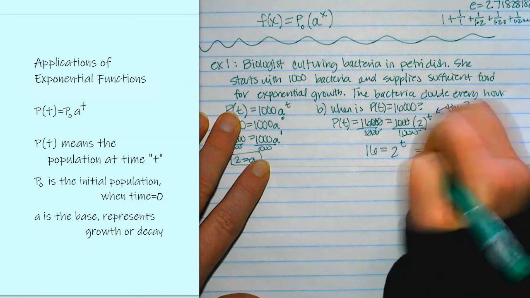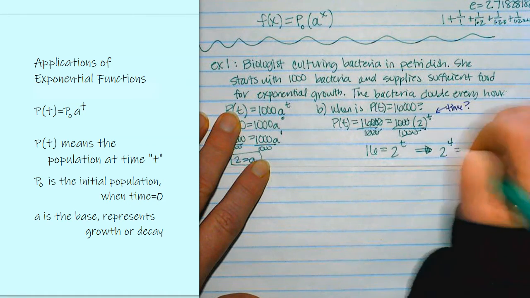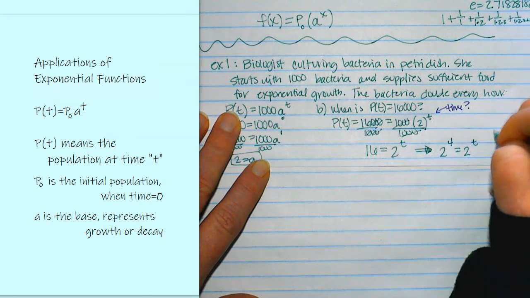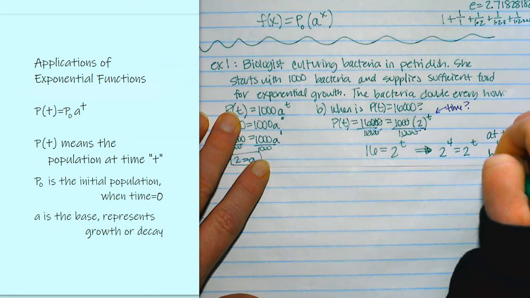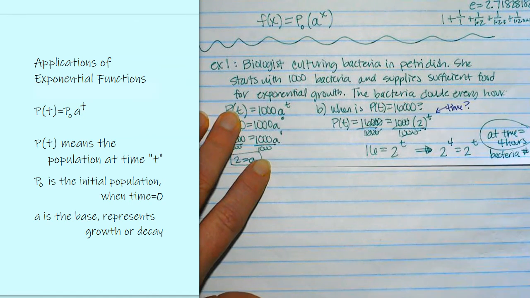So I'm going to do that and say 16 is the same thing as 2 to the fourth power. And so I now have the same base. This is at time equals 4 hours. The bacteria numbers 16,000. So 4 hours is the answer for that.